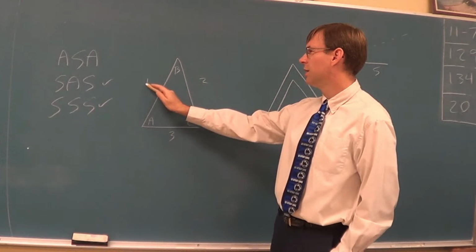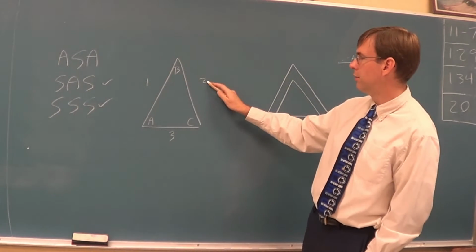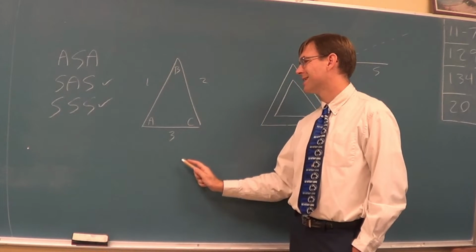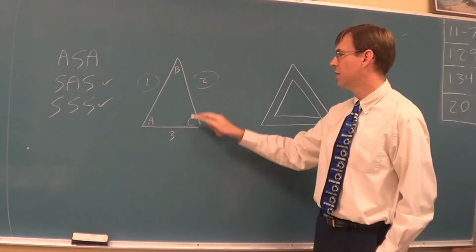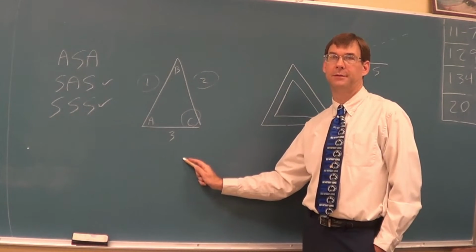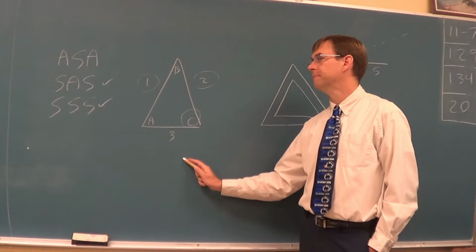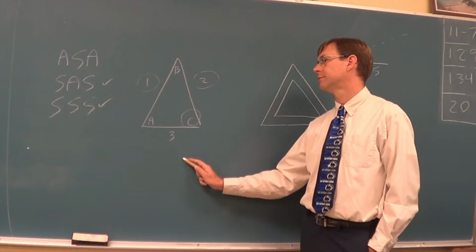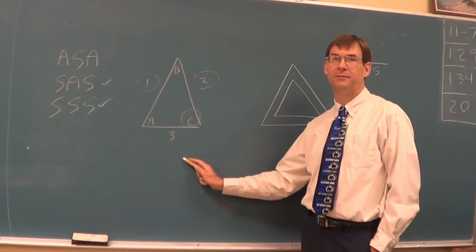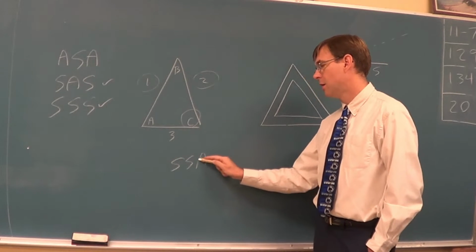Because if I was talking to you about 1 and 2, but then angle C, that is not an SAS. If I talk to you about those, what kind of a matchup would that be? It's not SAS. That is SSA.